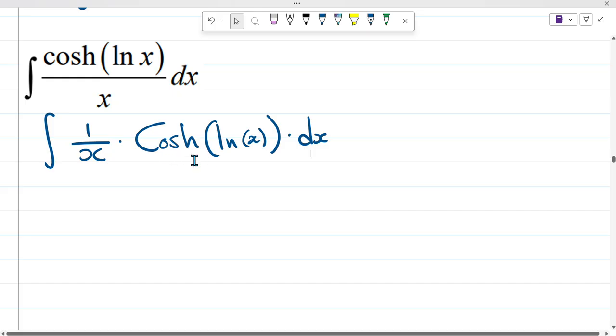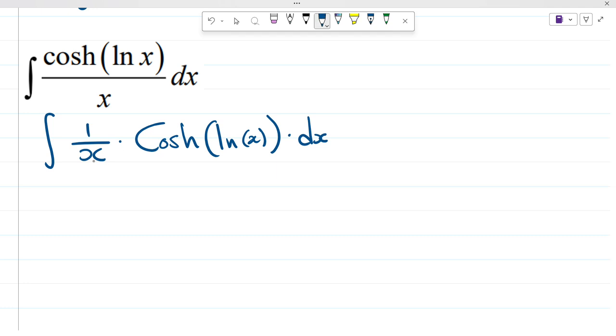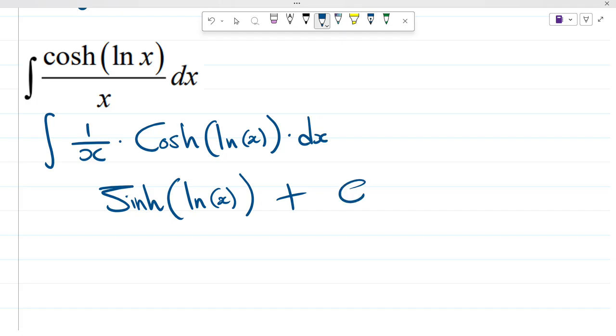So I ask myself, what is it that was differentiated for me to get positive hyperbolic cos? So it's just hyperbolic sine, right? So that's just hyperbolic sine. So the answer for this, then, you just conclude and say this is just hyperbolic sine of that argument, which is ln of x plus c.